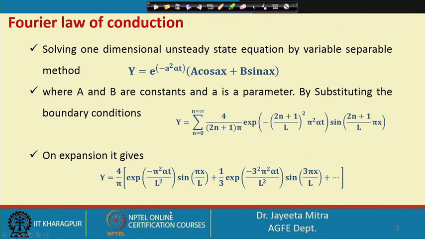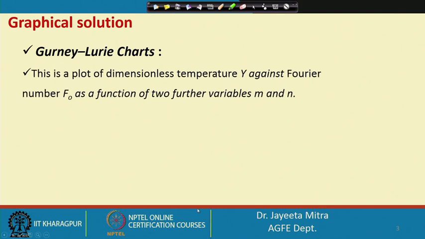So, how we can solve in this graphical method is that the graphical solution has been developed based on certain dimensionless parameters. So, first Gurney and Lurie developed this kind of a chart, based on the dimensionless temperature parameter y against the Fourier number Fo as a function of two other variables, that is m and n.